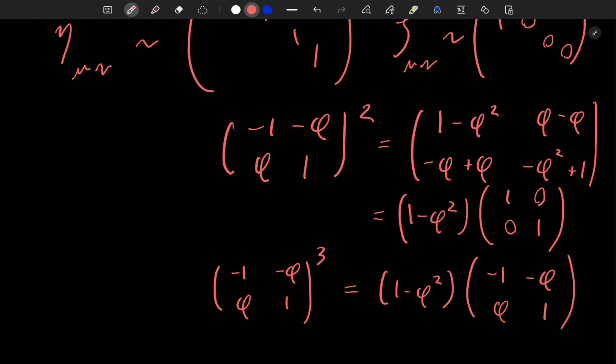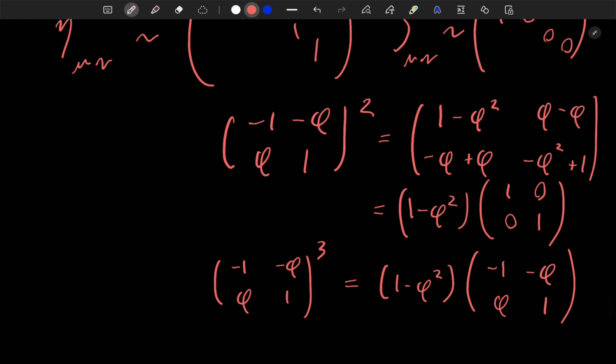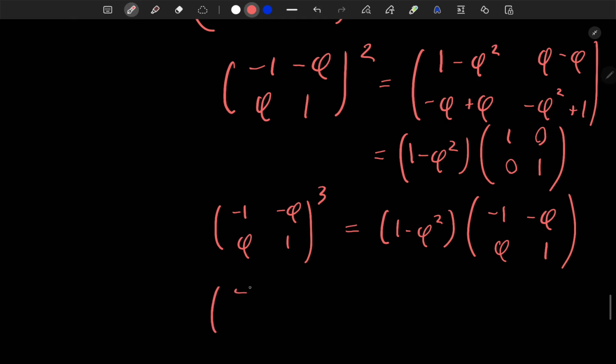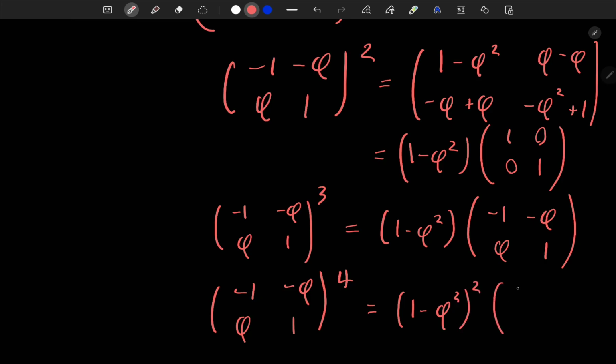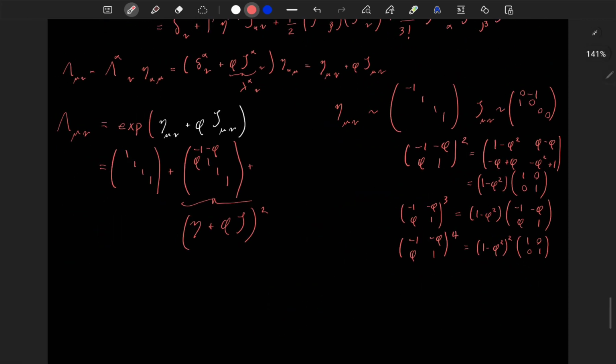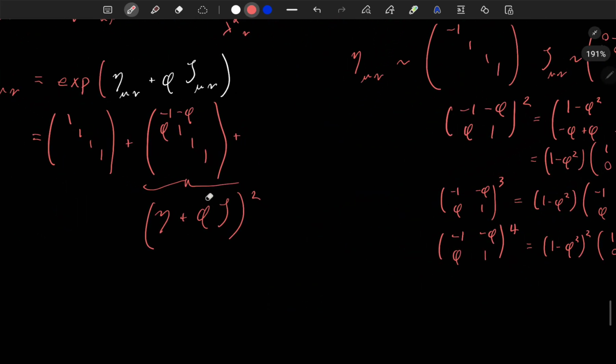And as we continue, for example, just to get more feel, to the fourth, well, it's squared, so we get this guy squared times the identity. Okay.